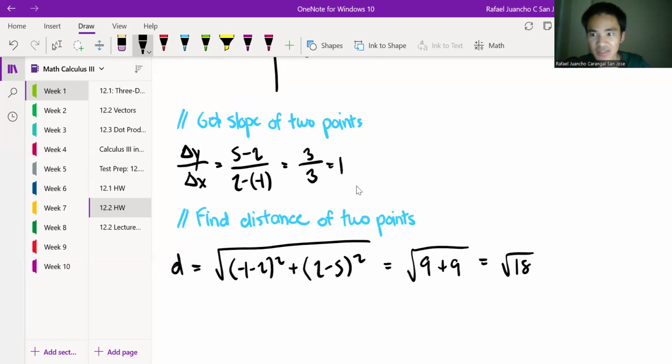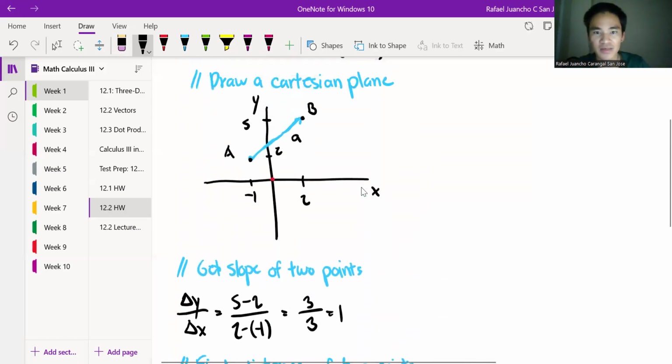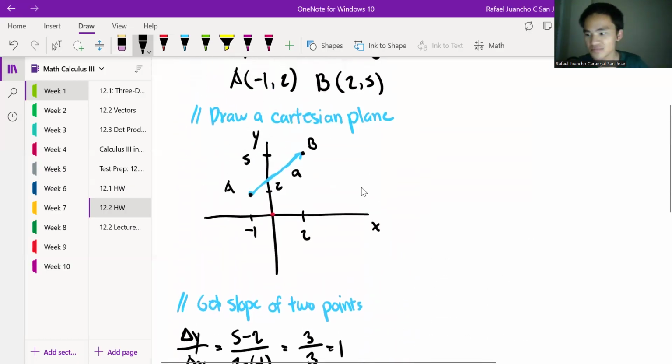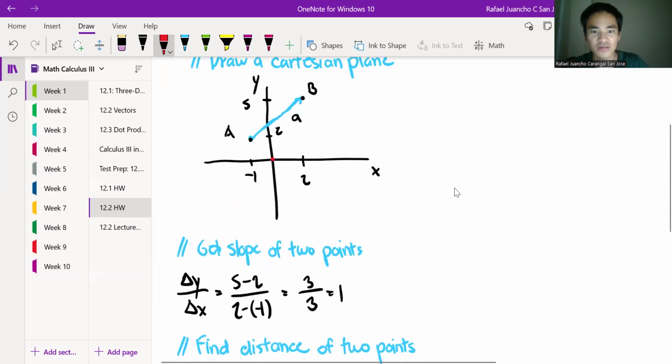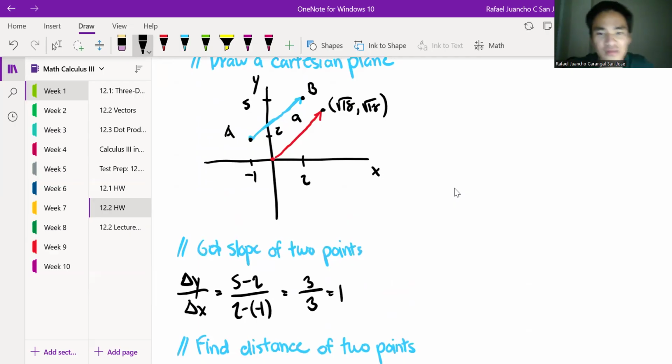So that's the distance, right? Let's check, because I need a number for that. It's around 4.2-ish. So this point has to be square root 18, square root 18, right?